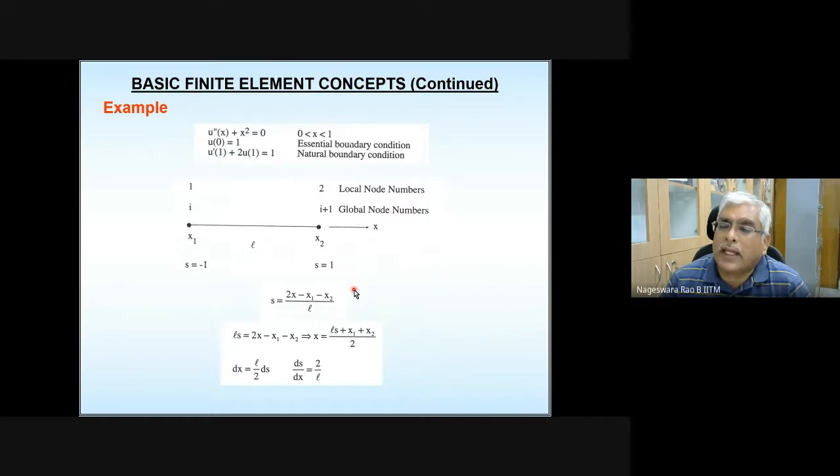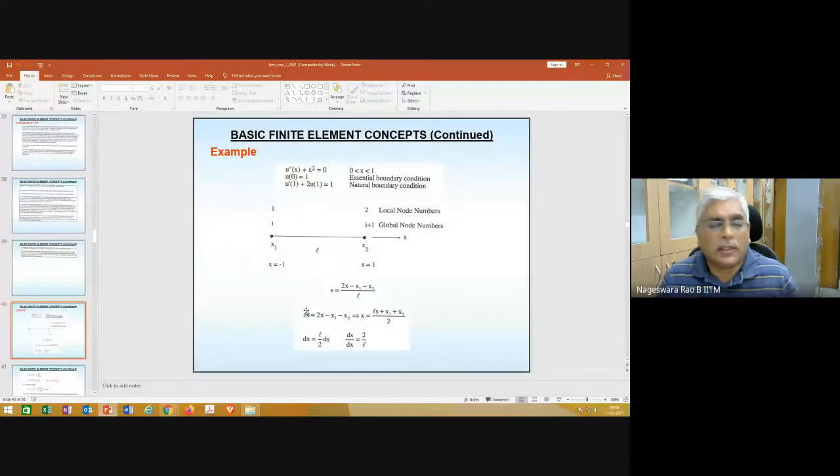Wherever x is there, you retain it as x. Wherever x1 is there, you retain it as x1. Wherever x2 is there, you retain it as x2. Is it clear? If you simplify, that equation looks like this. So that gives you the relationship between the local coordinate system and global coordinate system. Any questions? Please take a note of this.